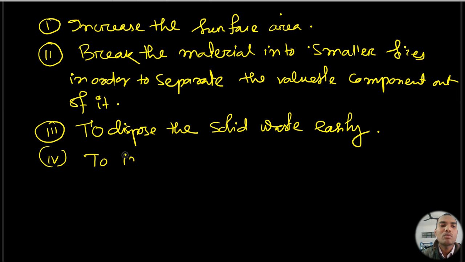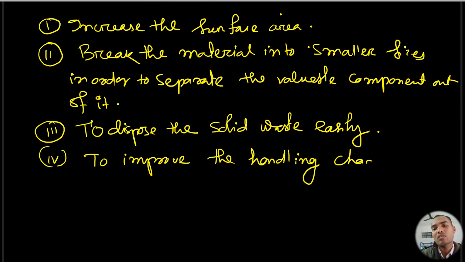To improve the handling characteristics, what it means is, when we reduce the size of the material, we can handle it very easily. If I take an example, suppose a big tree has to be transported in a truck.